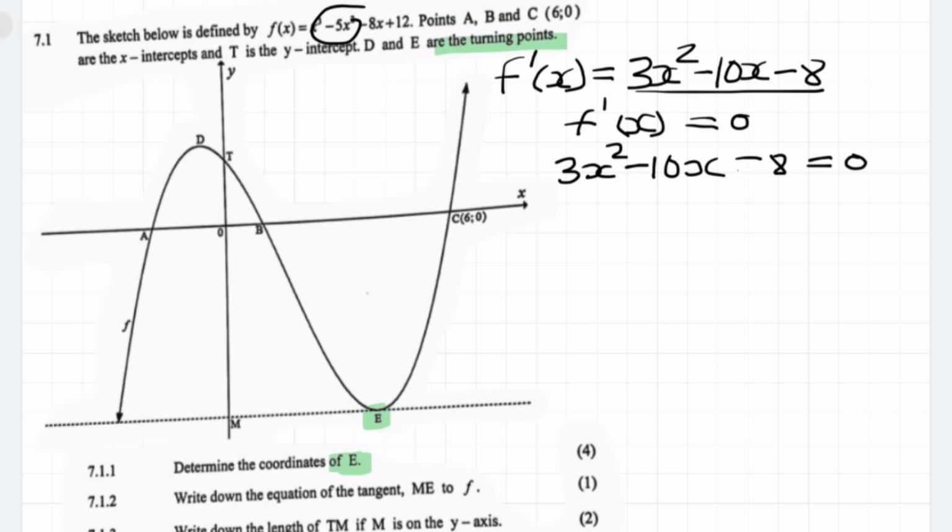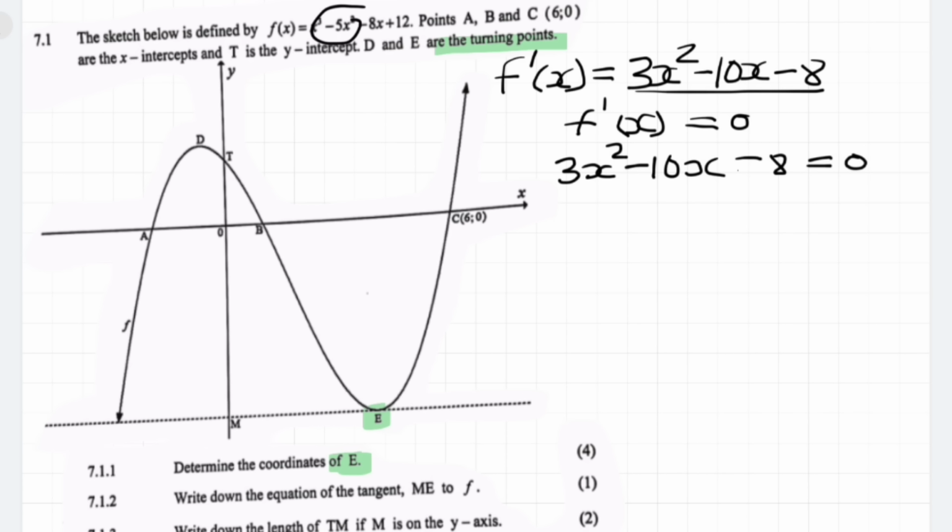So right now here, they want the factors of this, and you cannot find the factors easily if you don't have a coefficient of 1. And even if you divide, you still have to deal with fractions. However, you can use your quadratic formula, but the quadratic formula on your paper is going to take a lot of time if you want to show all the calculations, because they say show all calculations.